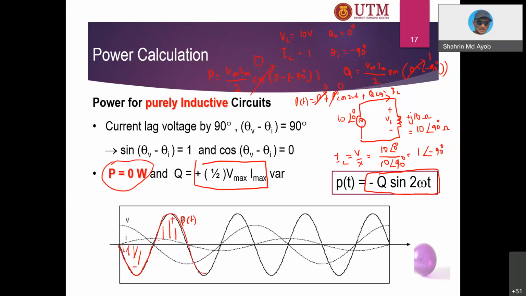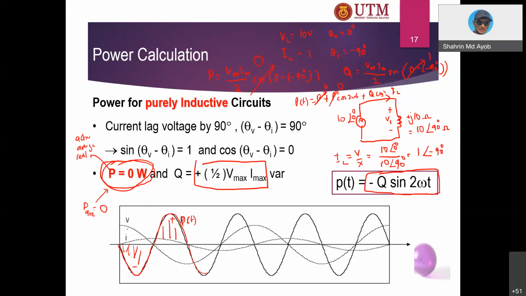So if you average them, your P average is 0, which is why your average power is 0, right? Because P has a lot of names: active, average, and then what else? Real. Okay. So when you average this waveform, the negative and positive have the same area, so your average value is 0. That explains why you don't have active or average power.